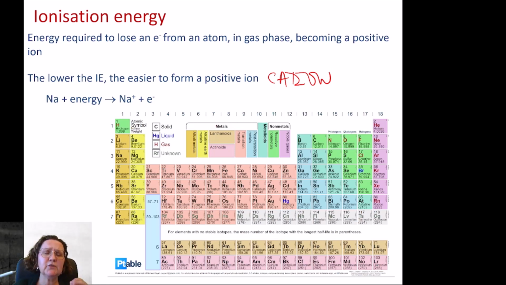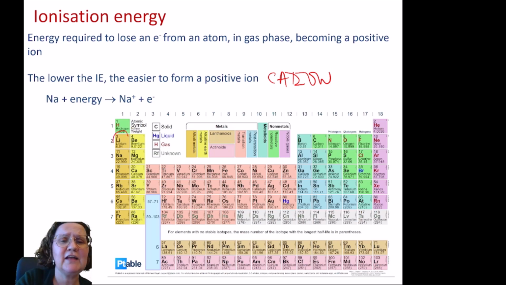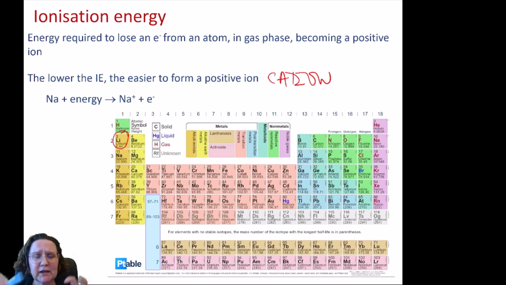But when you compare that with lithium here, that has 3 electrons, so they're very close to the nucleus, and you take one, that electron you're taking away is much, much closer to the nucleus. So it will be much more difficult to take away.